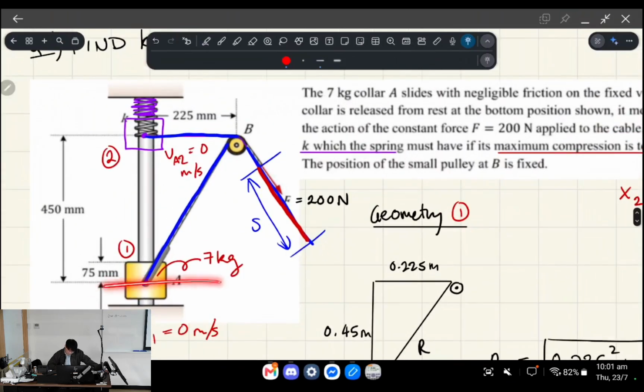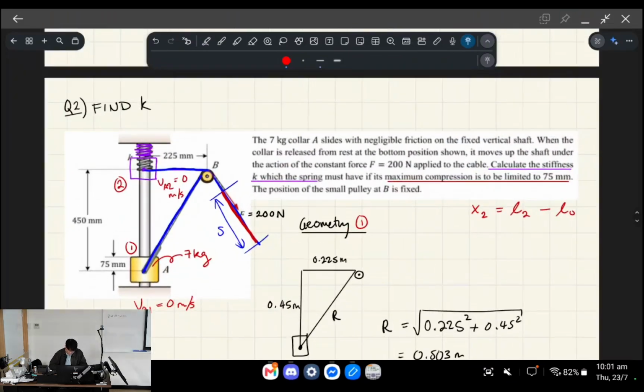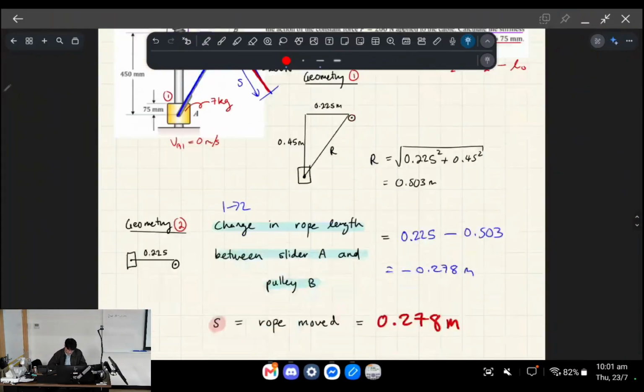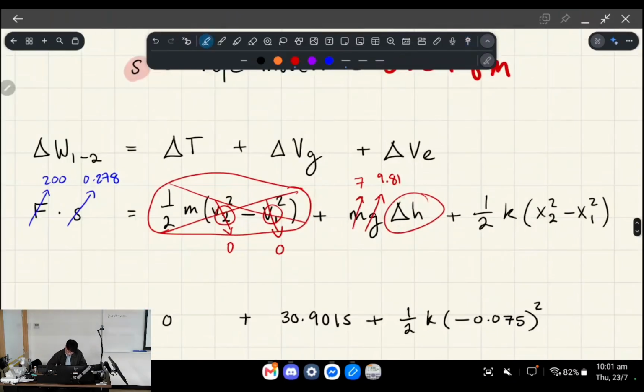From 1 to 2, it increases in gravitational potential energy because it's moved up higher. So if it moves up higher, you've got a positive change of gravitational potential energy, and the amount of change is going to be 450 mm, or 0.45 meters.